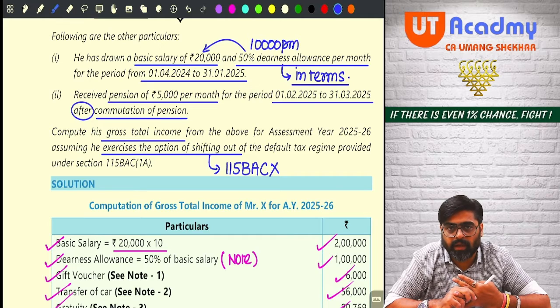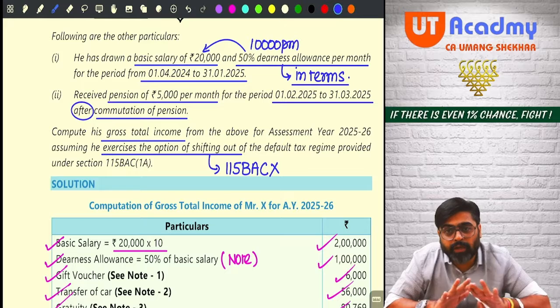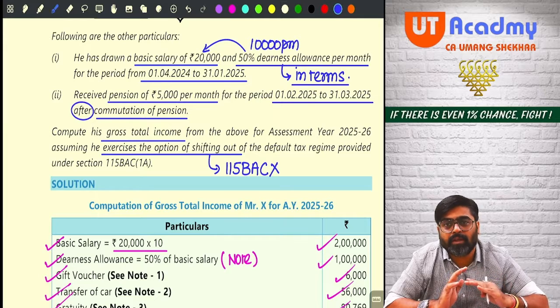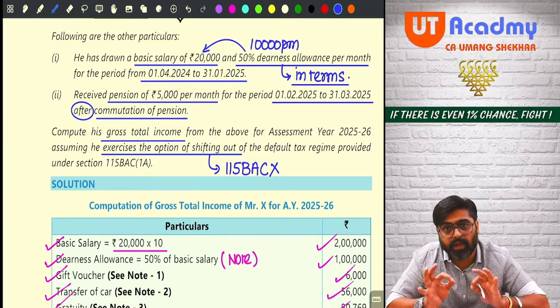Hence, no need to assume that it is not in terms, comma, it is clearly DA in terms.